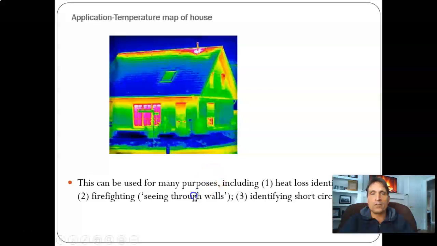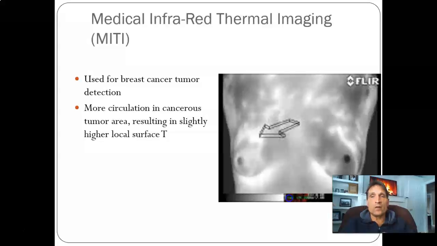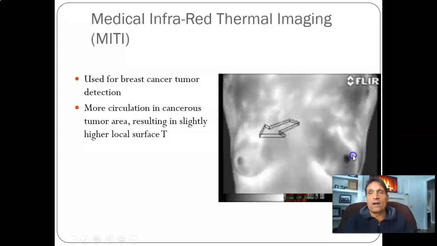It can also be used for fires. It can be used for identifying short circuits, right? It's going to be warmer. And so these temperature maps are extremely useful in a variety of fields. One last example is using it to detect tumors, right? Warmer areas. So these temperature maps can be used for that.